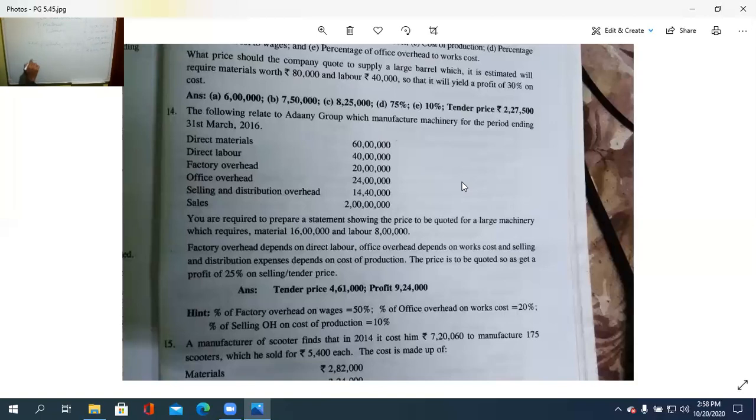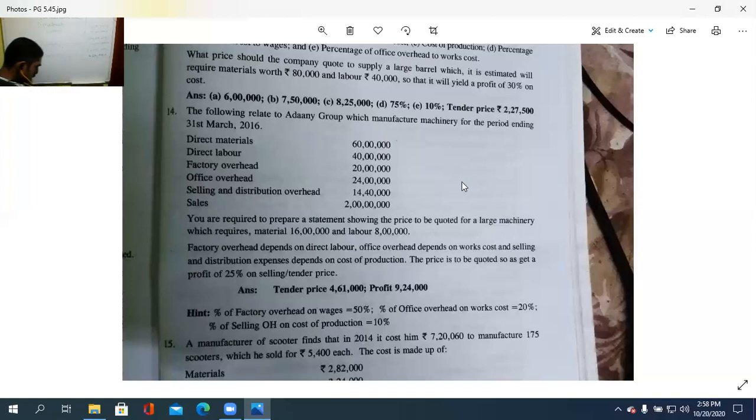Then add office overhead, 20% on factory cost. So 20% of factory cost. Clear? 20% of 28 lakhs is 5,60,000.